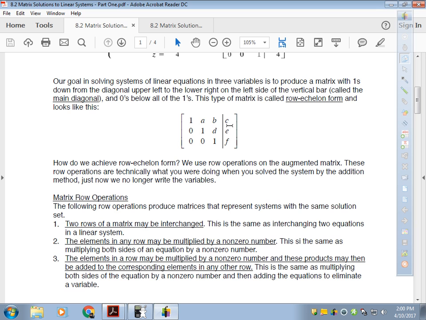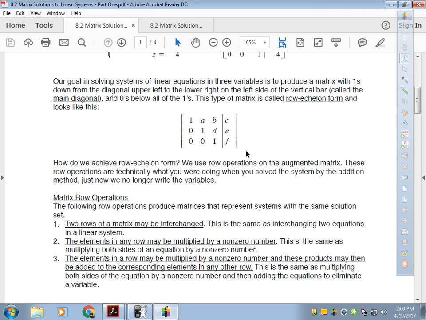Now, the rest of these things are going to be numbers: A, B, C, D, E, F. These are all going to be numbers of some kind. They can be any number. But to be in row echelon form, it has to have a 1 in this diagonal, and it has to have zeros underneath.